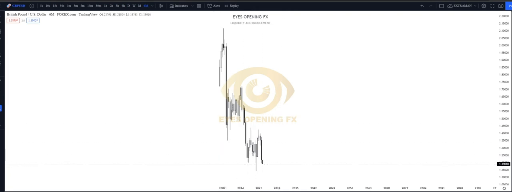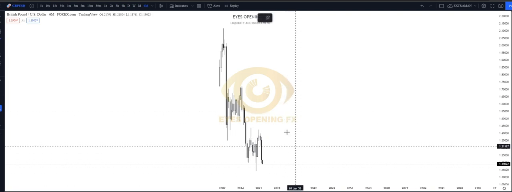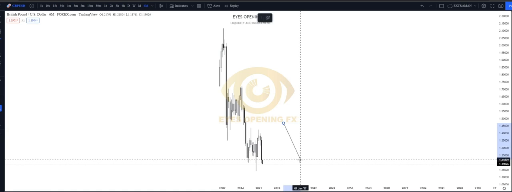So now let's explain what we mean by sell limit or buy limit. Buy limit is knowing that the market will continue going down.